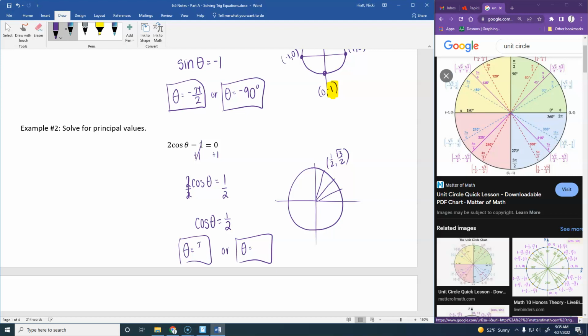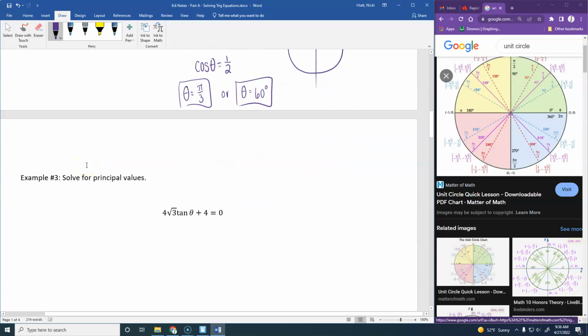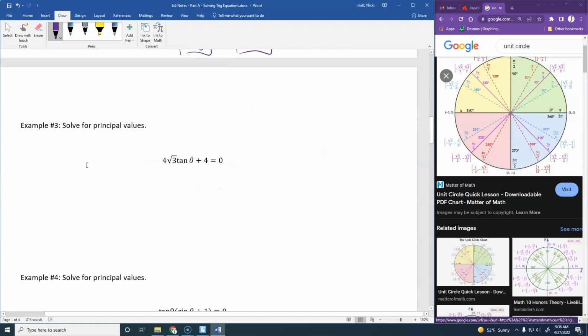This is pi over 3 or 60 degrees. Okay. I was testing you, to make sure you know what you're doing.